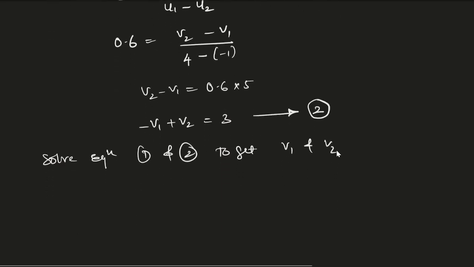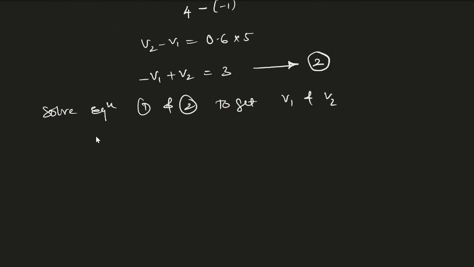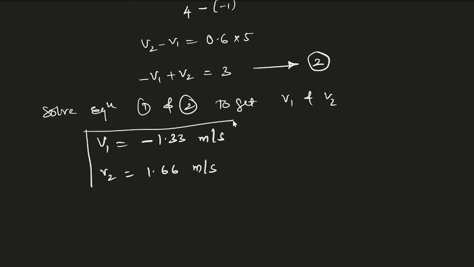So we'll get the value for v1 equal to minus 1.33 meter per second, and v2 equal to 5 by 3, that is 1.66 meter per second. Okay, so these are the required velocities immediately after the collision of the two bodies.